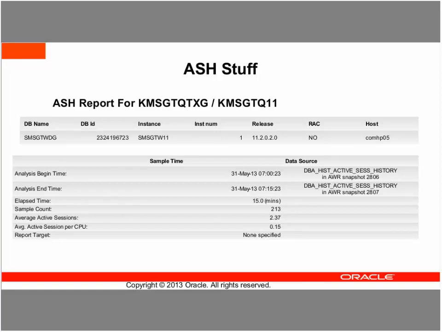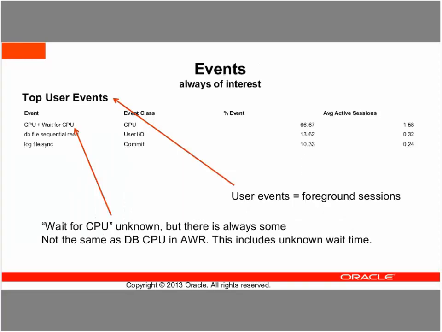It should be core count. So this really ought to be 0.30, I think, average active sessions per CPU. I could be wrong. It's not a high value in any regard in our case, but that has to do with that threading view and everything. So now we show our same top user events. But here we show something a little bit different, CPU plus wait for CPU.